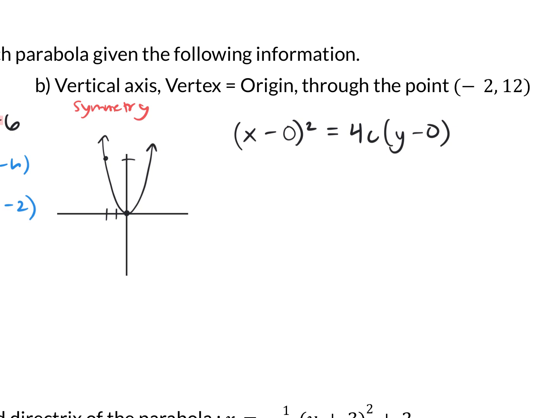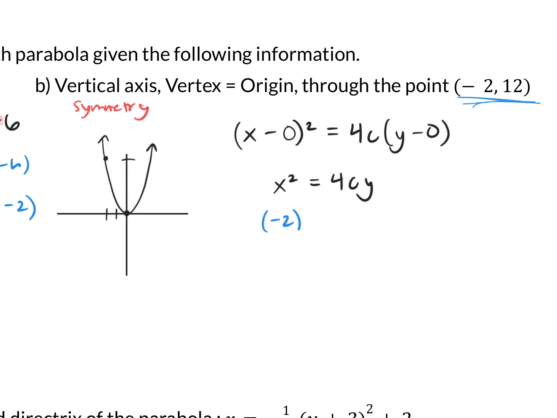No. So the only equation that I have so far is x squared is equal to 4c times y, right? What are we going to do now? Use our brains. How do I find c? What am I given? If I divide by 4y, then I still have variables, right? We're given a point, right? If we're given a point, can I find c? Yeah, let's plug that in.